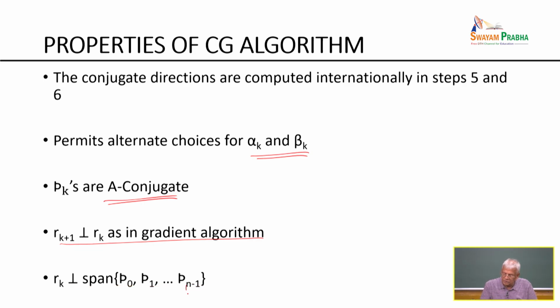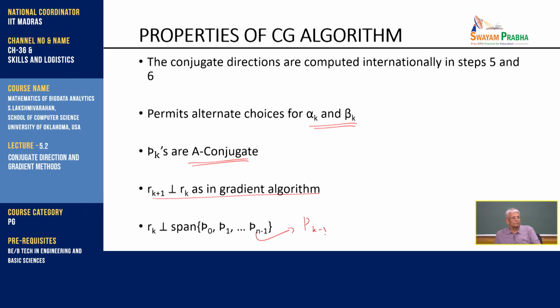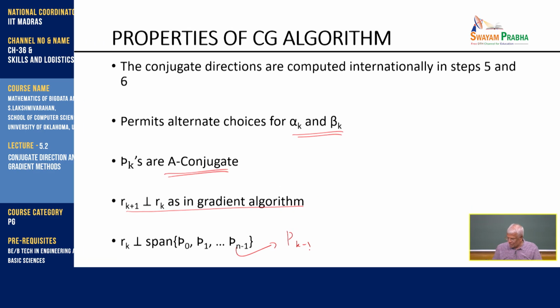At the kth step, the negative of the gradient is orthogonal to the span of P0, P1, up to P(n-1). We have already seen that this is the expanding subspace property. It is this expanding subspace property that gives you the desired behavior.